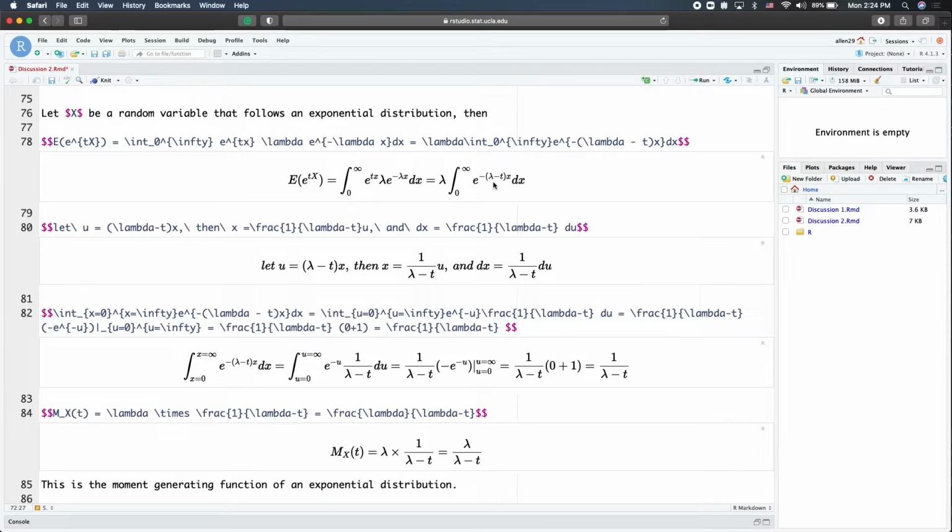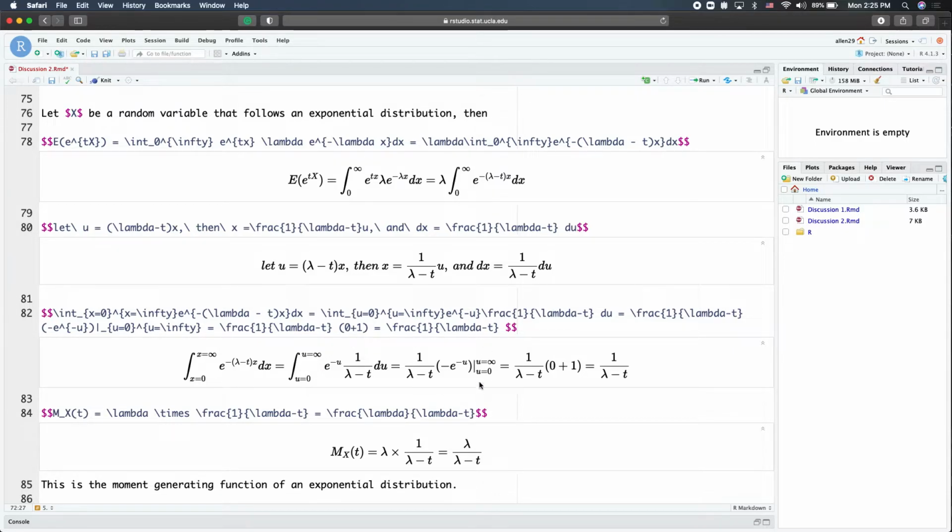We let u equal to that, so x is equal to 1 over lambda minus t multiplied by u, and dx is this multiplied by du. We rewrite this integral from with respect to x to with respect to u, as exponential of negative u multiplied by a constant du.